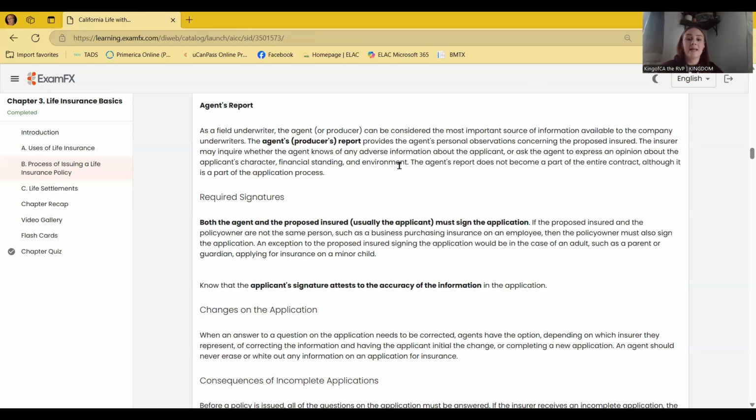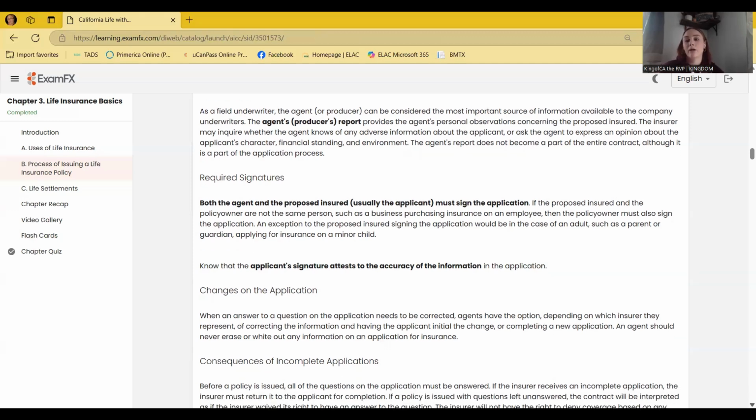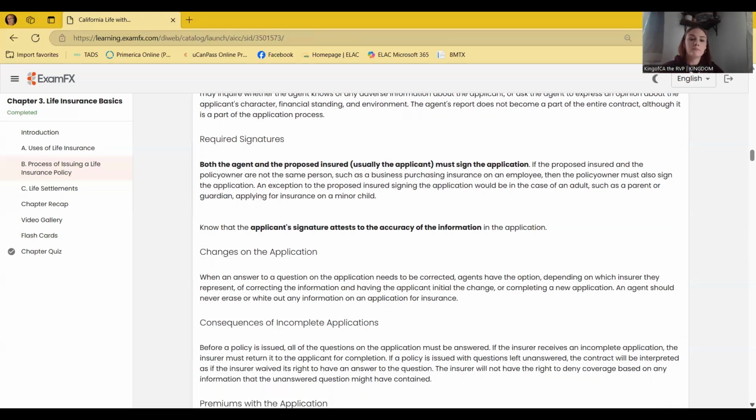Okay, so like I said, that's something we need to know for our test. The agent's report does not become a part of the entire contract, although it is part of the application process. No one will know the difference. So we can let the insurance company know any information without putting our foot in our mouth.